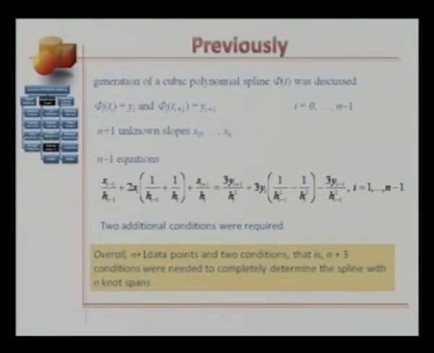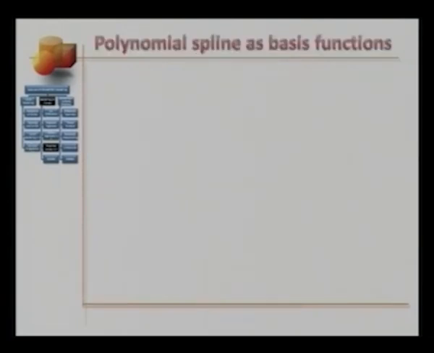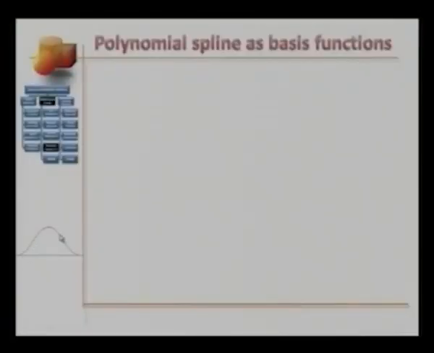You would have observed how intricate or how involved the mathematics was in the previous. What we will try to do is we will try to construct a B-spline basis function via a polynomial spline. Essentially, we will try to construct this bell-shaped curve, which we call a B-spline basis function.